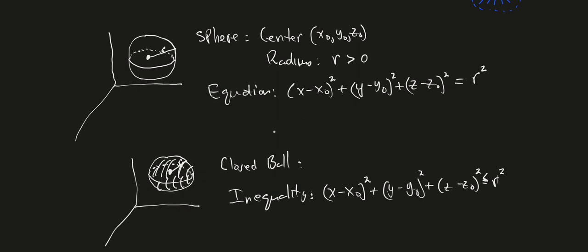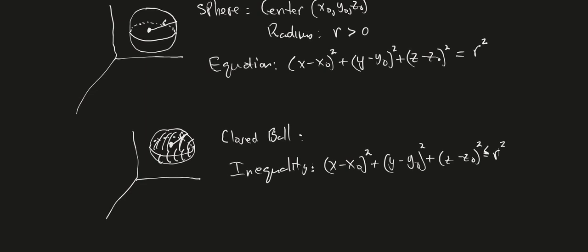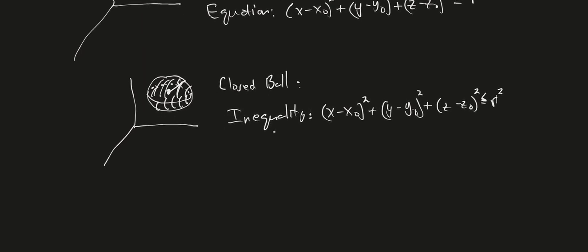All right, so I think it's probably a good idea for us to end with an example. Let's do an example that involves a sphere. What I'm going to do is a question where we have to find the center and radius of a sphere.